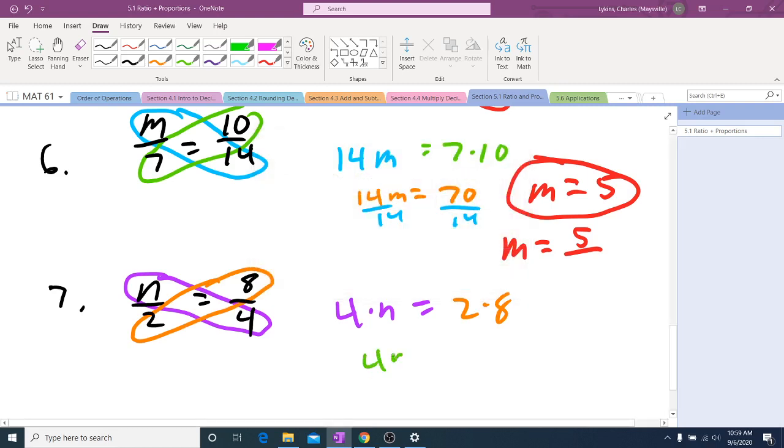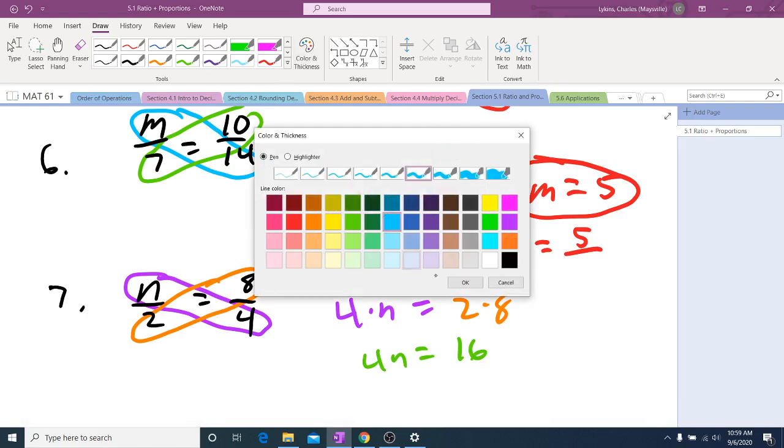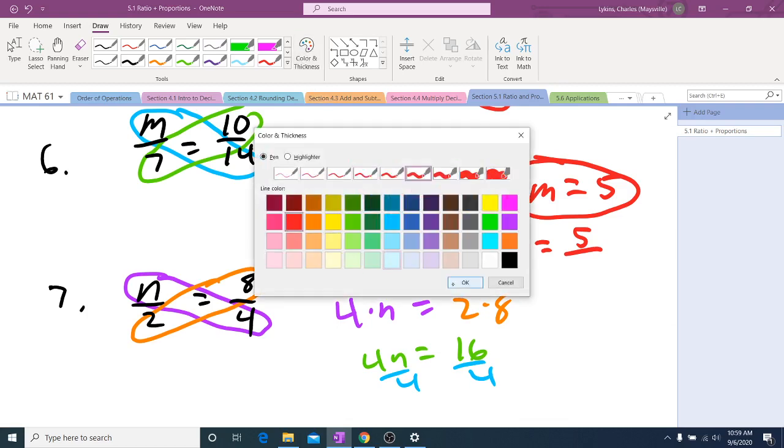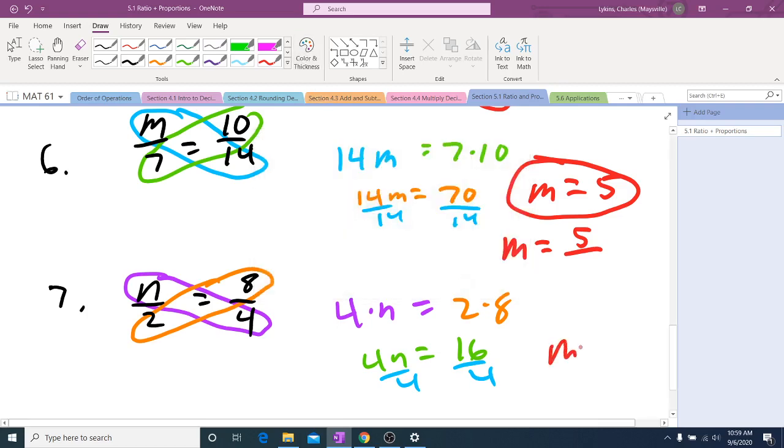So I've got 4n equals 2 times 8 is 16. Divide by 4. n equals 4. Now, I want to show you all something on both of these.